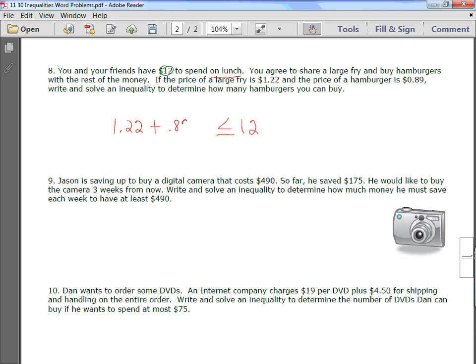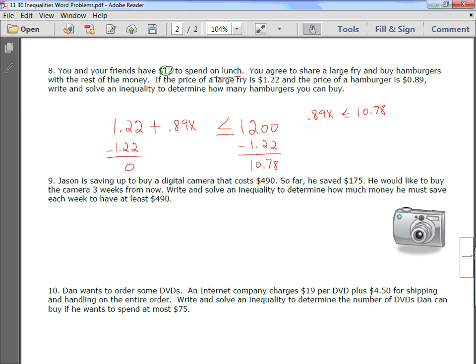What I want to do is find out how many burgers I can buy and not spend over $12. So that leaves me with 0.89x is less than or equal to 10.78.